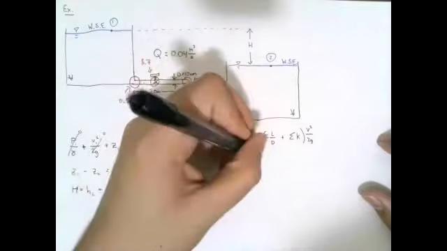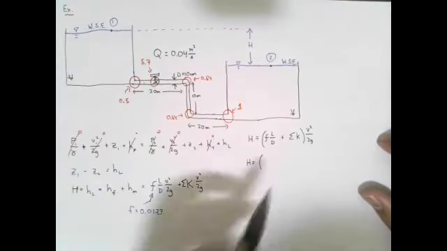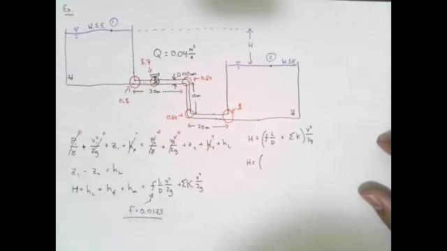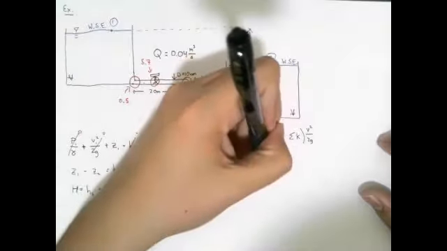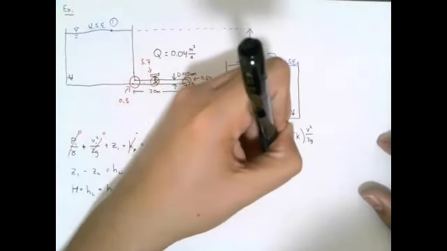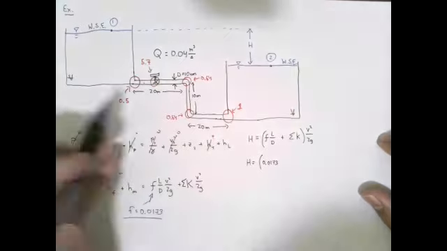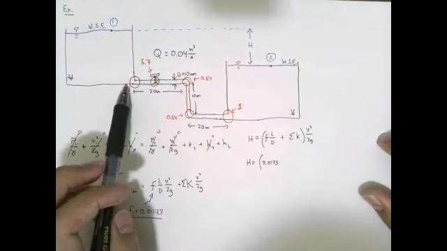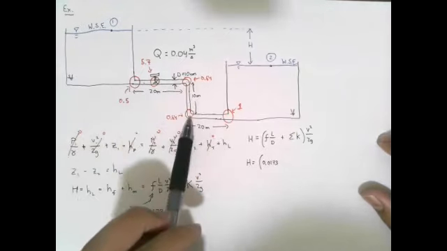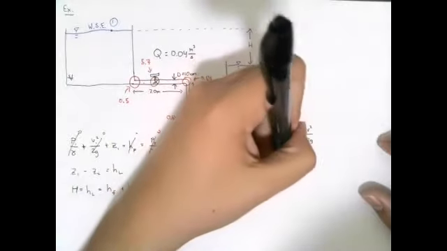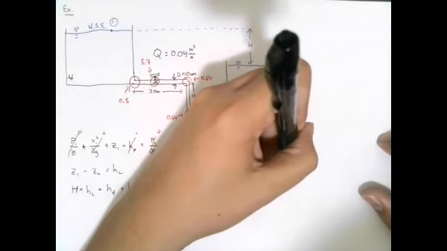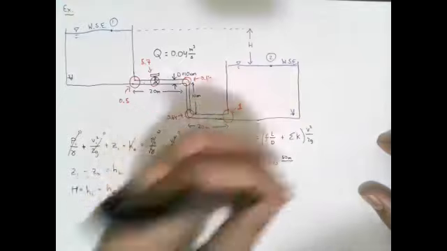We have that the change in water surface elevation is equal to the friction loss, which for the sake of this problem I gave you, 0.0173, times the length of the pipe, which is 20 meters, 10 meters, 20 meters, so that's 50 meters, divided by the diameter of the pipe, which is 10 centimeters.